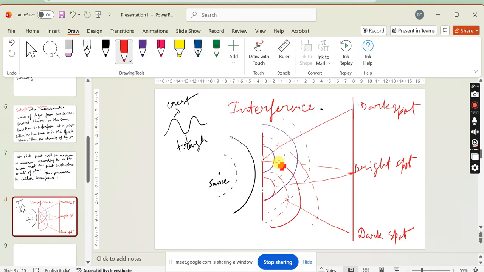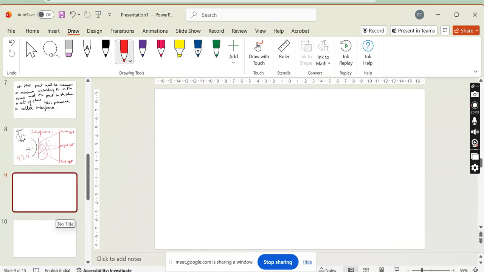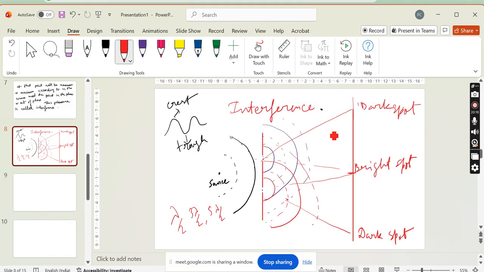When the light beams meet at zero or integral path difference, we will see the bright spot, and when they meet at a path difference of lambda by 2, 3 lambda by 2, 5 lambda by 2, we'll get a dark spot. After a dark spot, there is another bright spot, but the brightest spot is this.